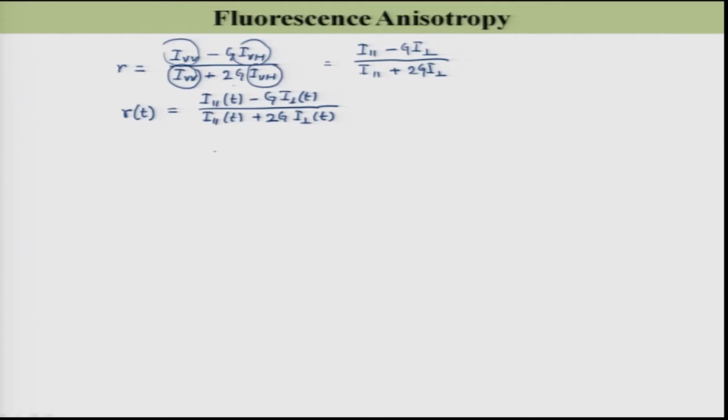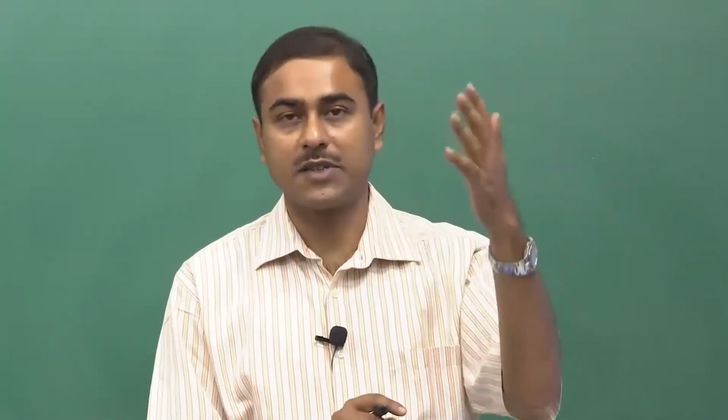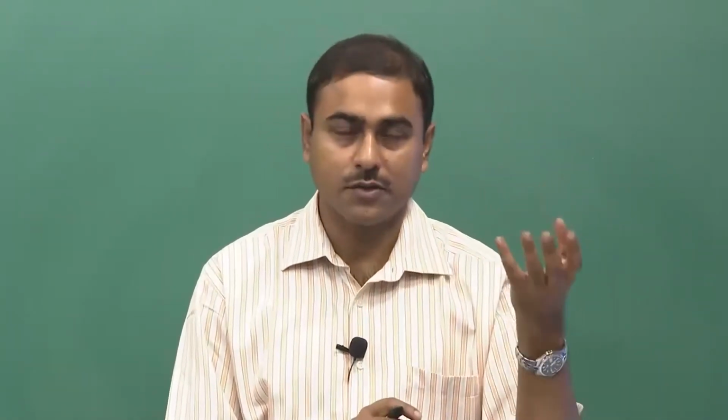Now, if I calculate this r value at time 0, let us say just after excitation, the r value should be high. As time goes, this r value will keep on decreasing, and at a very long time, as I said, probably all the fluorophores will reorient themselves and be randomized, and the fluorescence will be completely unpolarized, and you will get r equal to 0.